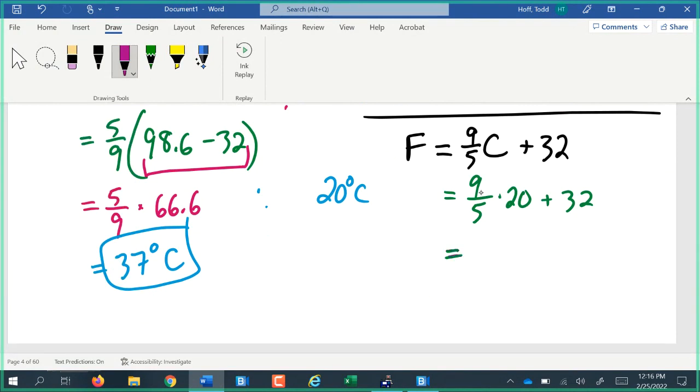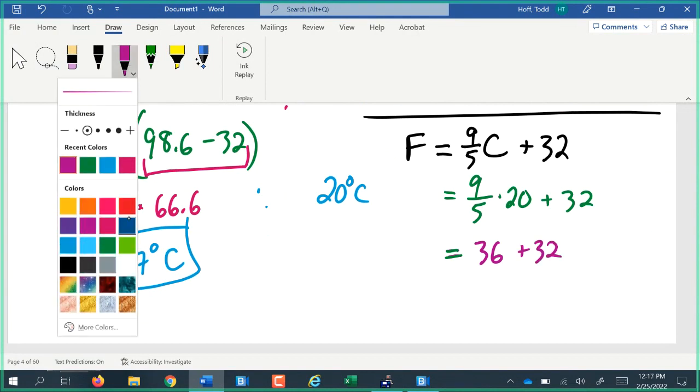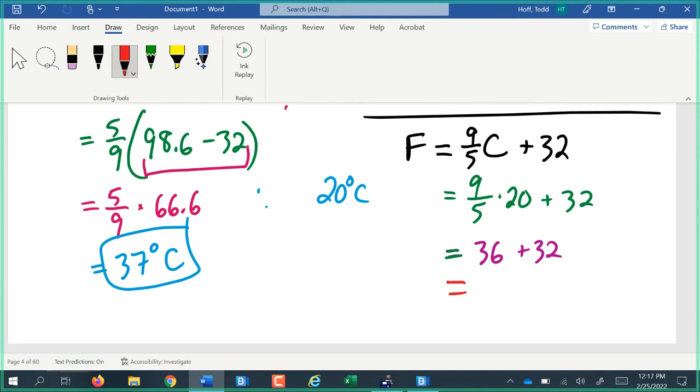Well, again, 9 divided by 5 times 20 actually turns out to be 36, plus 32. And finally, 36 plus 32 is 68 degrees. So yes, that would be 68 degrees Fahrenheit. I would very much welcome that temperature any day now.